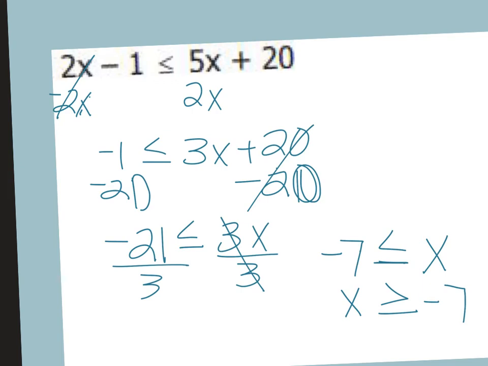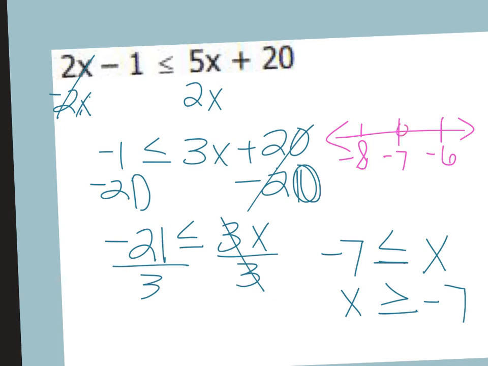Now I am going to do a number line on this one. So I'm going to throw that negative 7 smack dab in the middle. My greater value to the right is going to be a -6. My least value to the left is a -8.